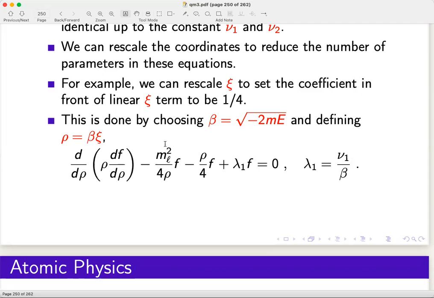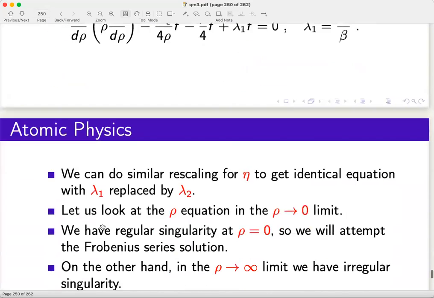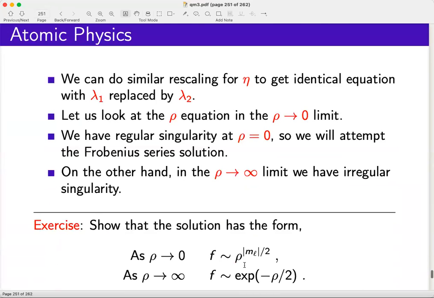Because you have a factor of ml squared by 4, it's easy to guess that the behavior must be rho to the ml by 2, so that you differentiate twice and it will give you ml squared by 4. Now, if it is rho to the ml by 2, then once you differentiate, it becomes ml by 2 minus 1, and therefore you should get a factor ml by 2 times ml by 2 minus 1, which is correct.